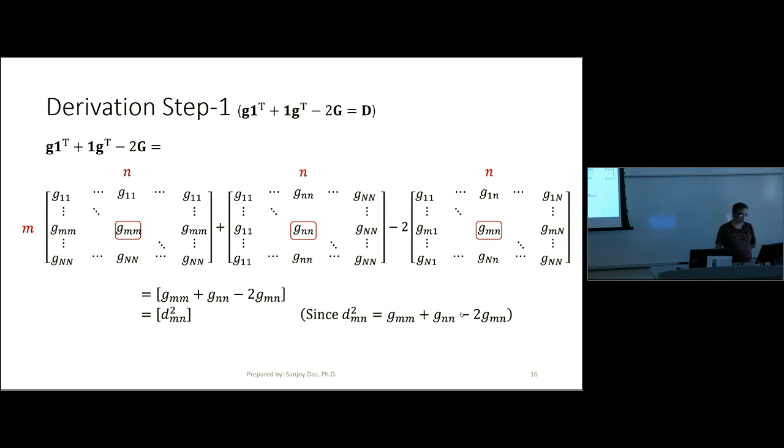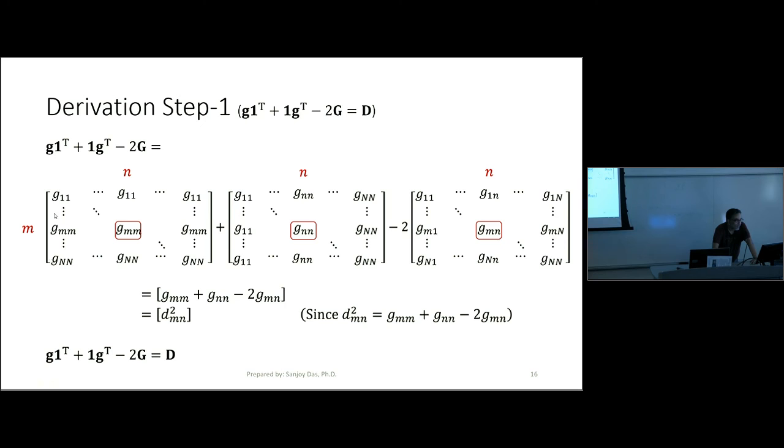Dmn squared, because we just saw this earlier. Agreed? So this is Dmn squared. So we saw that each element is giving us the right element at the correct position, row M, column N of the square distance matrix.